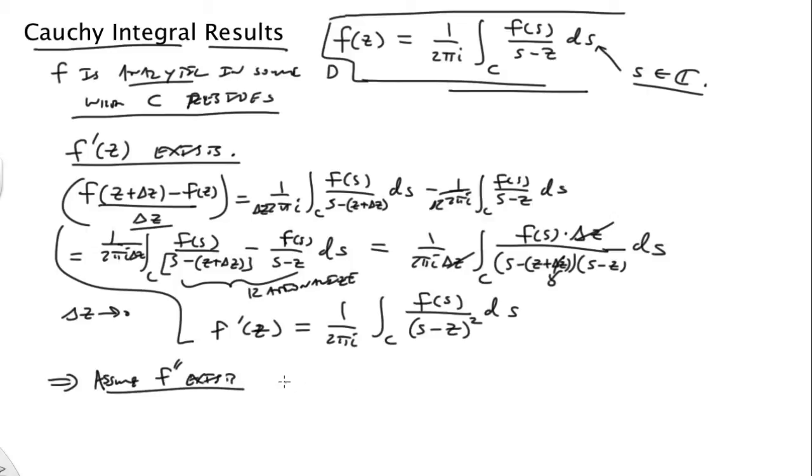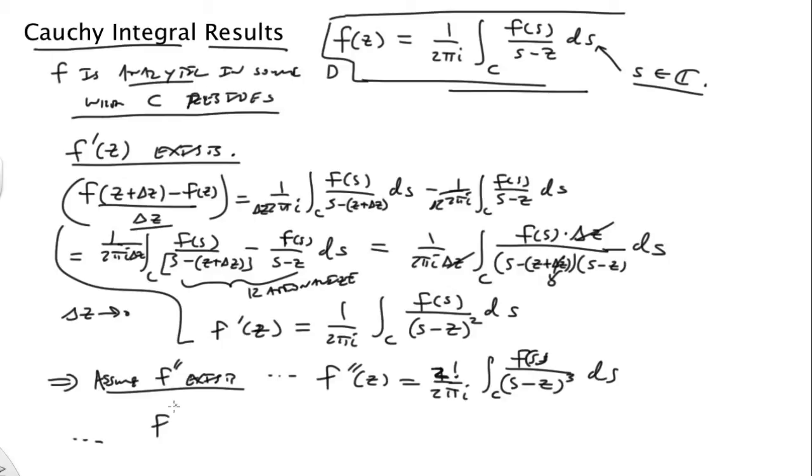Assume this exists, and if you just do the same calculation again, f double prime of z then equals 1 over 2 pi i times 2 factorial, which is just 2, but I'll keep that there, integral over the contour C of f of s again, all over s minus z to the, drumroll, third power, ds.